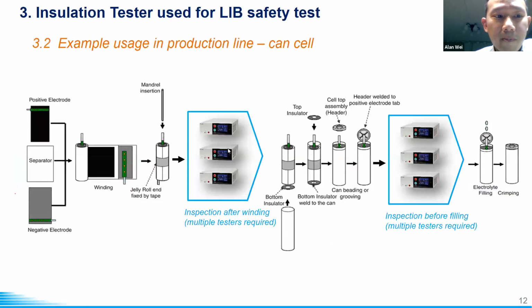You can see here's the example usage in a production line for the can cell. We suggest the manufacturer do the inspection after welding, and also before filling the electrolyte.